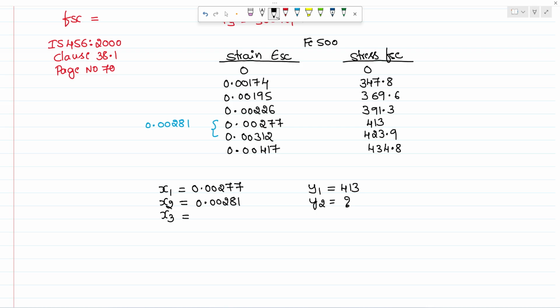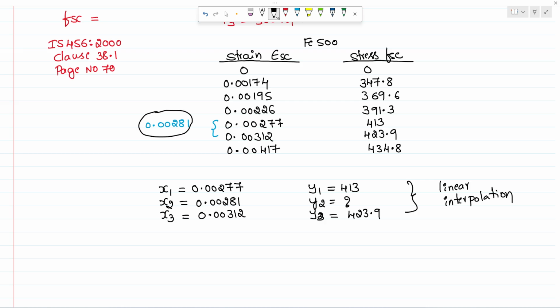For x3, 0.00312, y3 is 423.9. You can do linear interpolation and calculate the stress for this strain value.